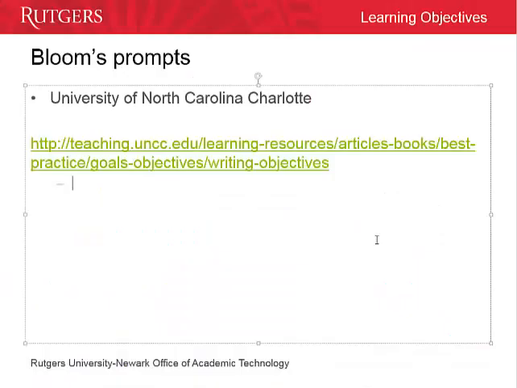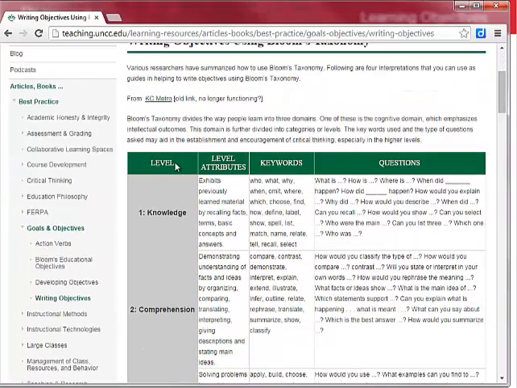The University of North Carolina at Charlotte has come up with a nice online guide to help you write objectives. So let's go to that website. And if you look at this, it tells you the level. It gives you a little bit of a description of that level and some key words that you would have in your objectives. So if you're at the knowledge level, you are asking students to define, recall, relate, select.